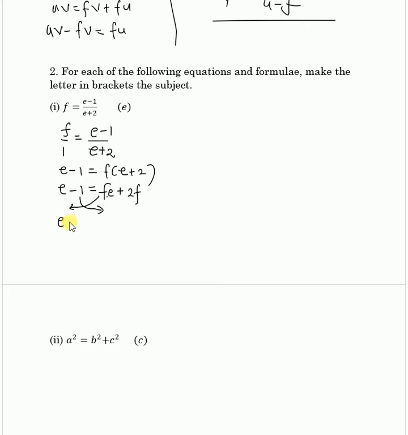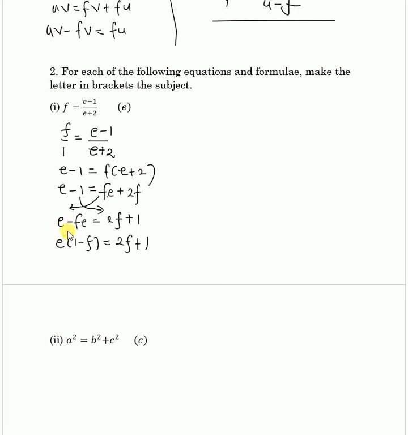So we have e minus fe, it is crossing the equal sign to get to that side. On the other side we are left with 2f, then this one crossing the equal sign becomes a plus, so that now after that we factorize e. There is e here, so we have e times 1 minus f, equal to 2f plus 1.